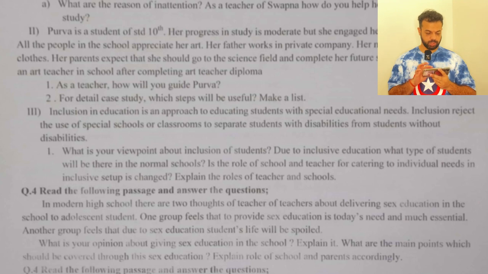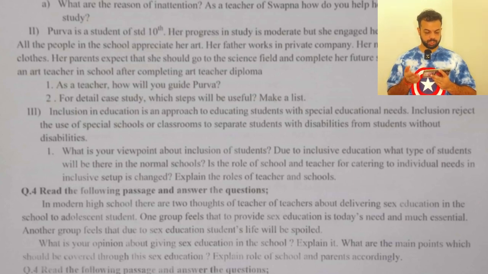First, what is the viewpoint about inclusion of students? Due to inclusive education, what type of students will be there in normal schools? Is the role of school and teacher for catering to individual needs in the inclusive setup changed? Explain the role of teachers and schools.